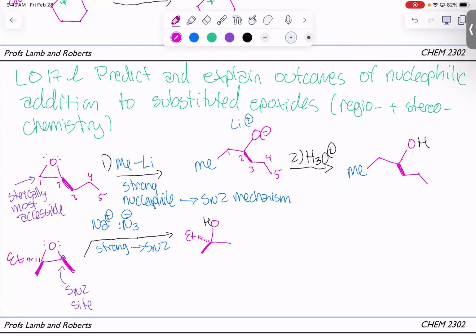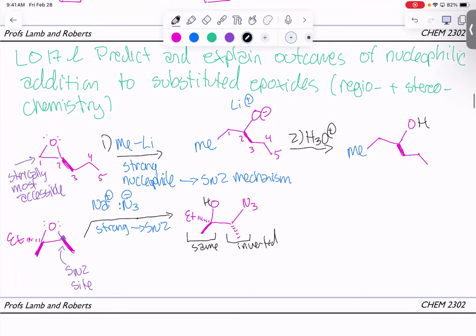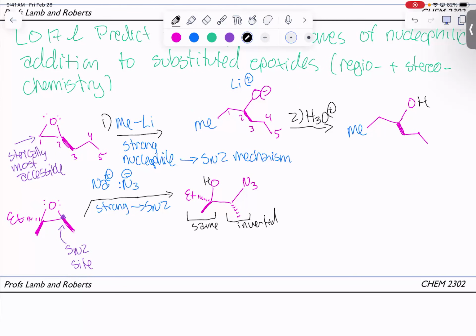So that methyl group that's coming towards us is going to be inverted. All right, we're going to form our azide bond. All right, this side has stayed the same. This side has inverted. All right. So if we want to draw this, we can draw this in many different ways. We could do some bond rotations, however we wanted to depict that, all right? But we would see that that stereochemistry needed to be inverted.